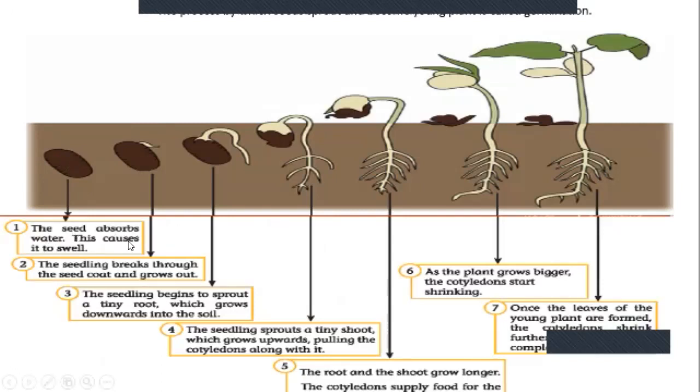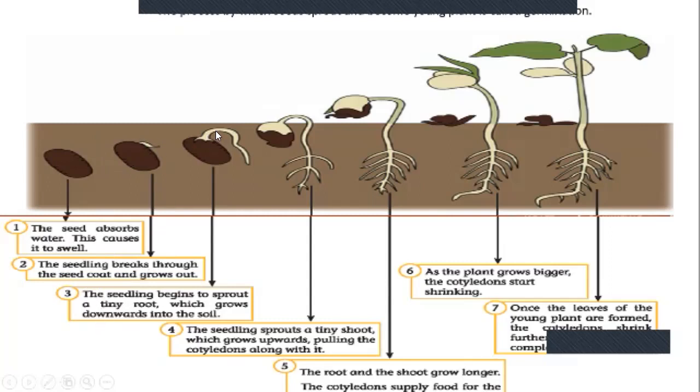The seed absorbs the water and swells, so it slightly increases in size. The next stage is that the seedling breaks through the seed coat and grows out. You will see a small white colored structure coming out of the seed coat, breaking through it.